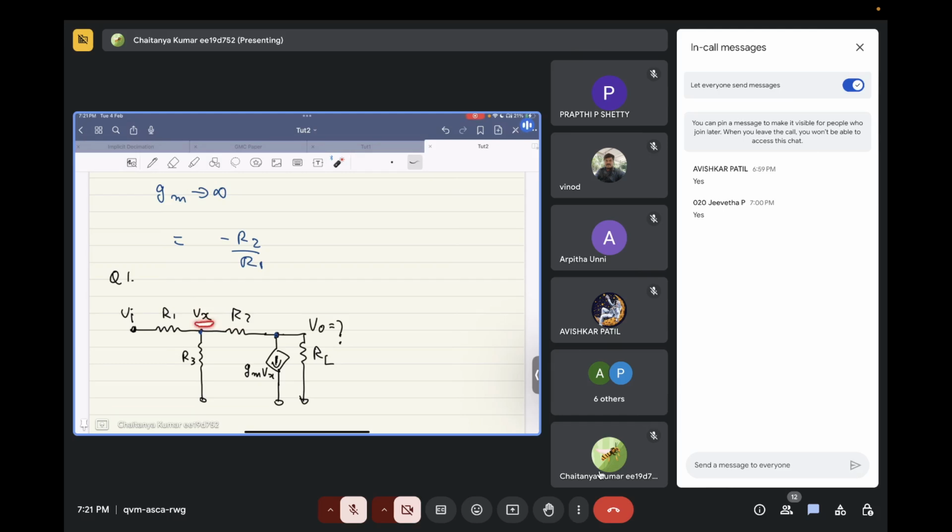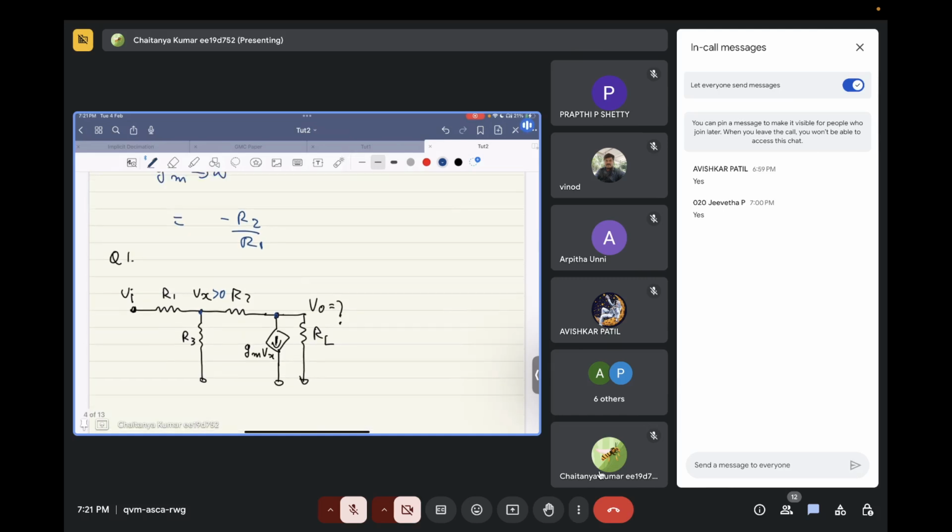If Vx has some value that is not equal to zero, what will happen to the current if Gm tends to infinity? So let's say Vx is greater than zero. What will happen to this current if Gm tends to infinity?